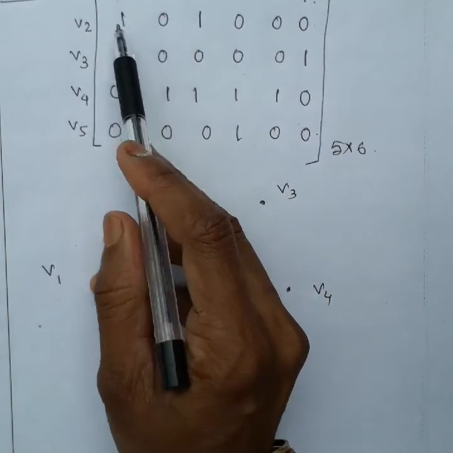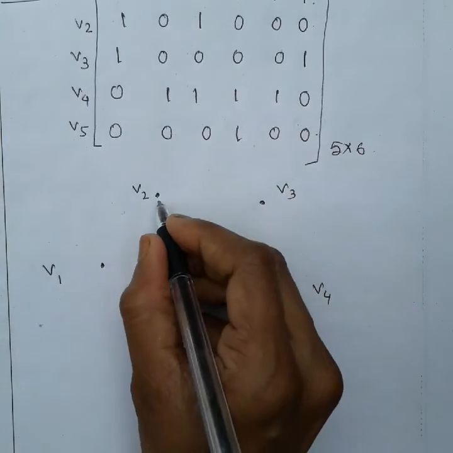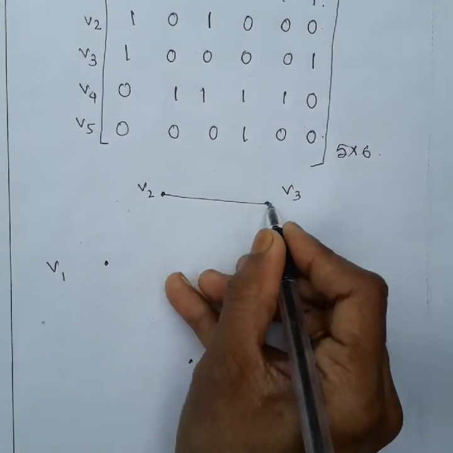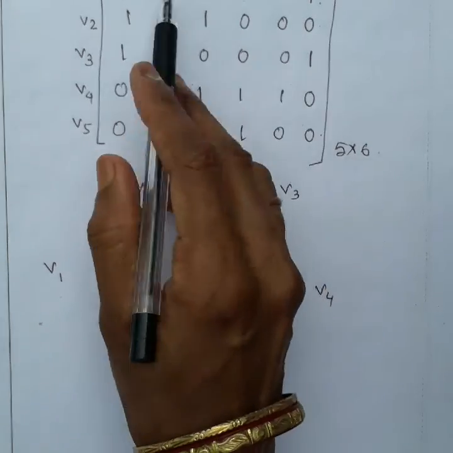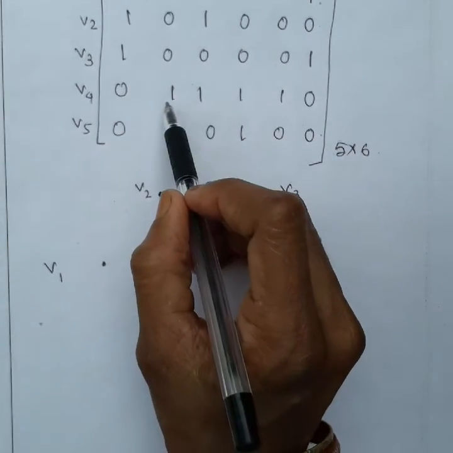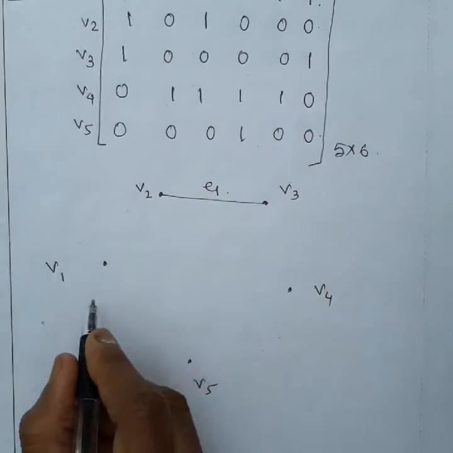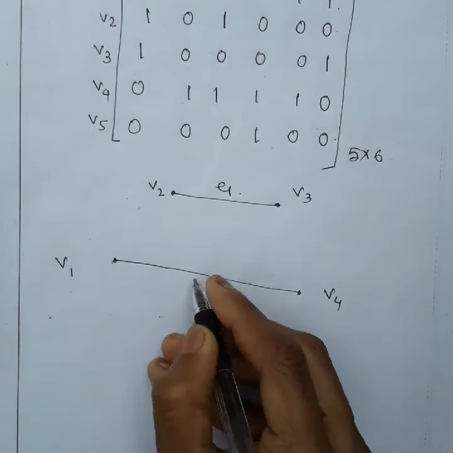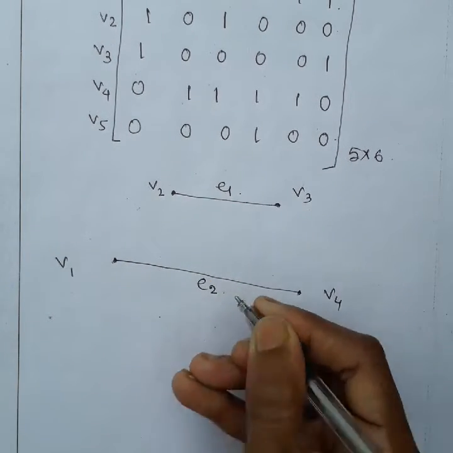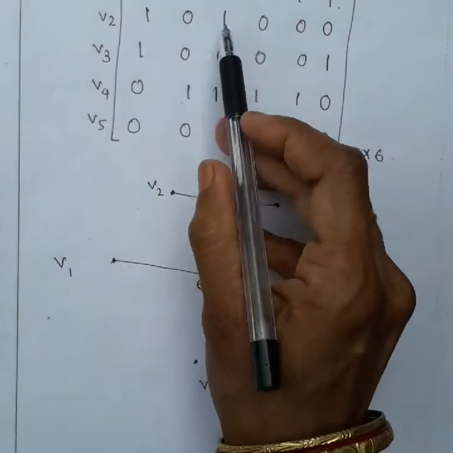That means E1 is connected with V2 and V3. Just connect V2 and V3 and write E1. Then E2 is connected with V1 and V4. This is E2.